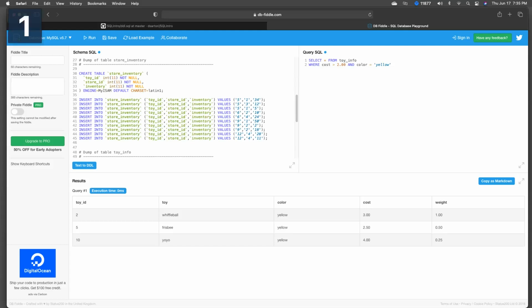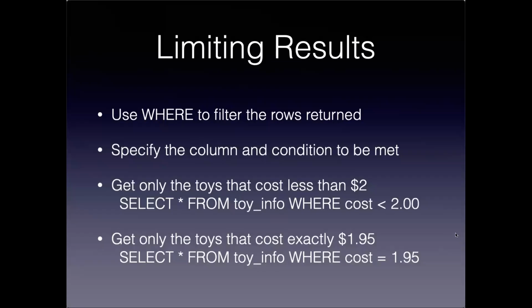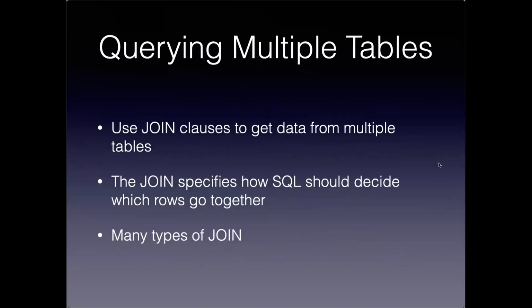Okay, heading back to our slides now. Okay, and the last thing that we need to talk about is how to join tables, adding more tables to our query so that we can get data from multiple tables.